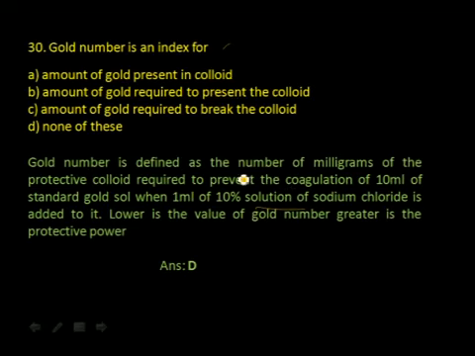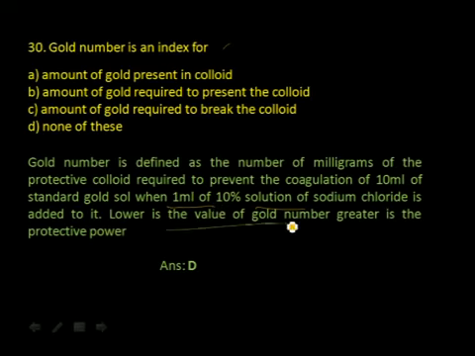So the gold number is defined as the number of milligrams of dry protective colloid which has to be added to 10 ml of gold sol so that it will not undergo coagulation or precipitation when you add 1 ml of 10% NaCl solution.